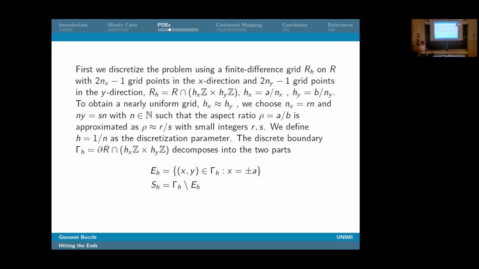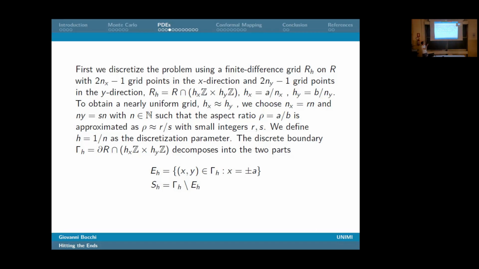In order to approximate the aspect ratio of the rectangle, so the ratio between a and b, with those two numbers, R and S. Obviously, they are integers, so if the aspect ratio is quite irrational, that would be hard, but in our case, we have 10, so it's pretty easy to do that with integer numbers.